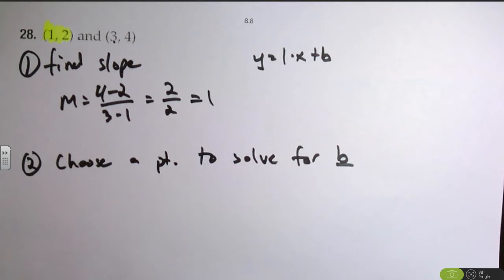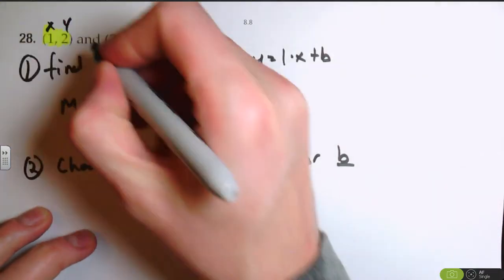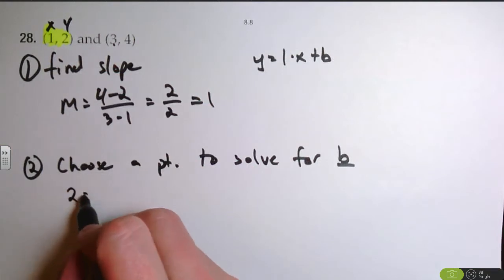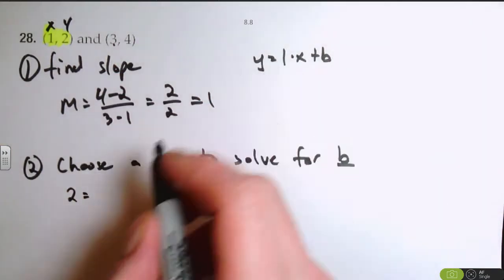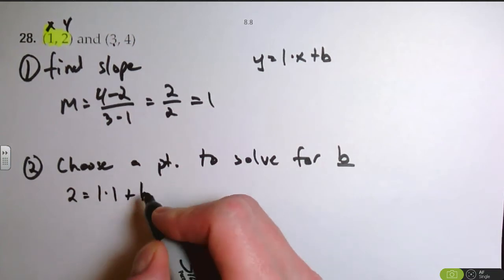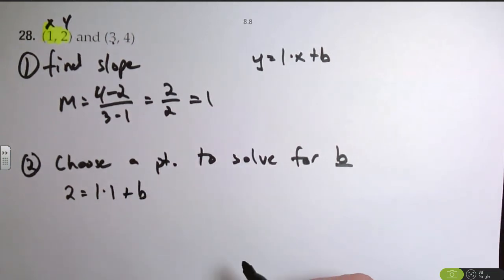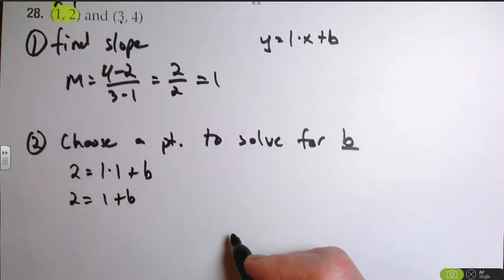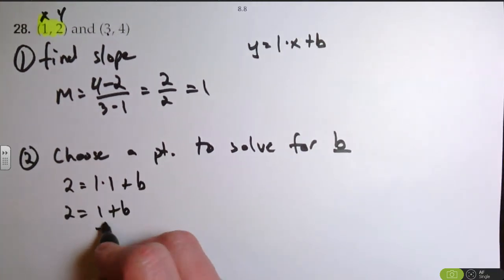And so here's what I know. This is an x, this is a y. So the y is equal to 2, which equals the slope times the x, which is 1, plus b, which I don't know. And that gives me 2 equals 1 plus b. So to solve for b, just subtract 1.